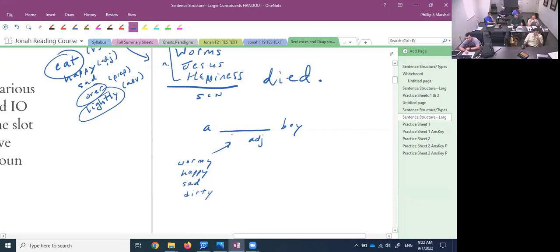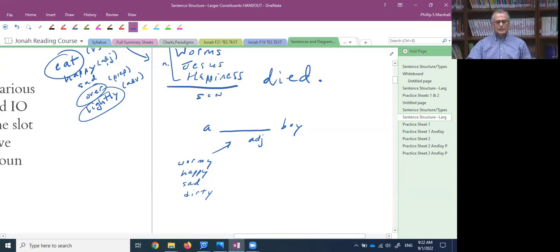No. Or a worms boy? Right? None of those other things work because they're the wrong part of speech. They belong to the other parts of speech besides the ones that can fill the frame of a blank boy, where the blank is a kind of boy, right? And the adjective then qualifies it in some way.